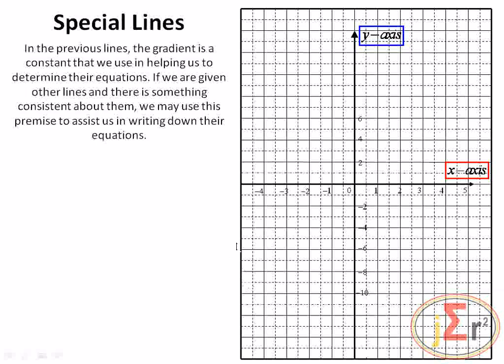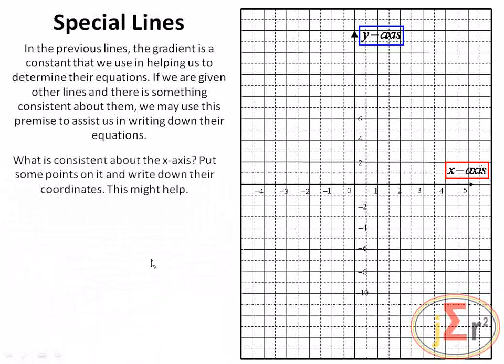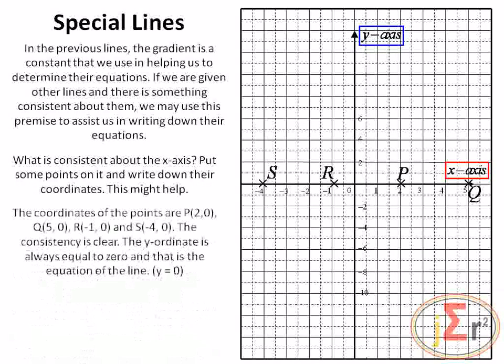Now we are going to take a look at some special lines. What is consistent about the x-axis? Put some points on it and write down their coordinates. This might help. So we have some points there on the x-axis, and we write down the coordinates.